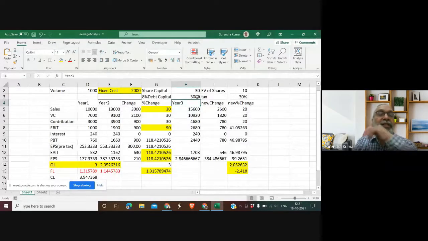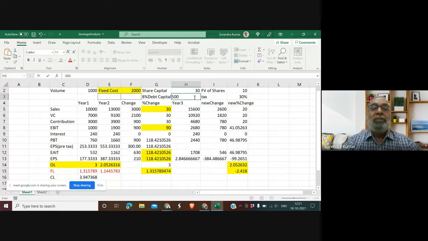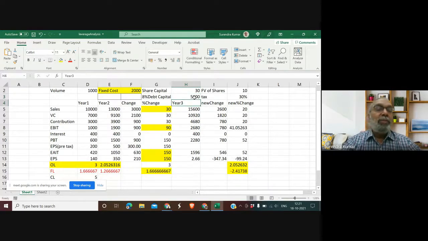So if I change that, you can see, I am still talking of the first year information. In this first year information, there is an impact of change in debt only on the financial leverage, not on the operating leverage. If I change my capital structure and I have my debt capital not 3000, but let us say 5000, it would impact my financial leverage.